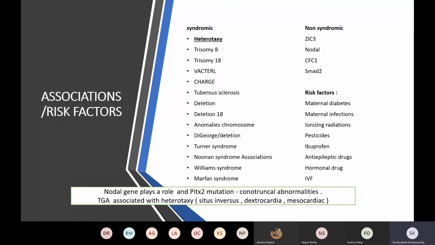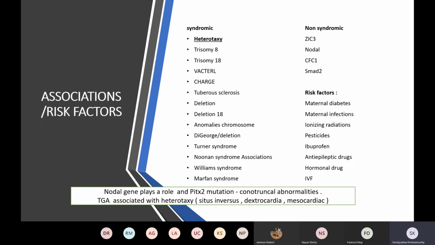But there's one condition that is associated with TGA, which is called heterotaxy. This is where the organs in the body do not rotate and exhibit the usual left and right asymmetry which all mammals exhibit. The heterotaxy syndrome is associated with situs inversus, dextrocardia, and mesocardia.